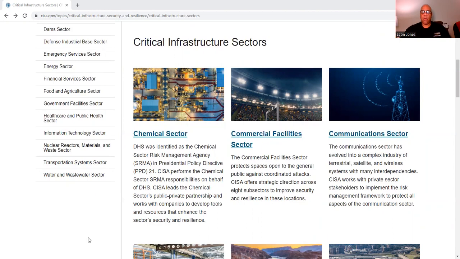Now, what about the commercial facilities sector? Well, basically, the commercial facilities sector protects spaces open to the general public against coordinated attacks. CISA offers strategic direction across 8 subsectors to improve security and resilience in these locations.